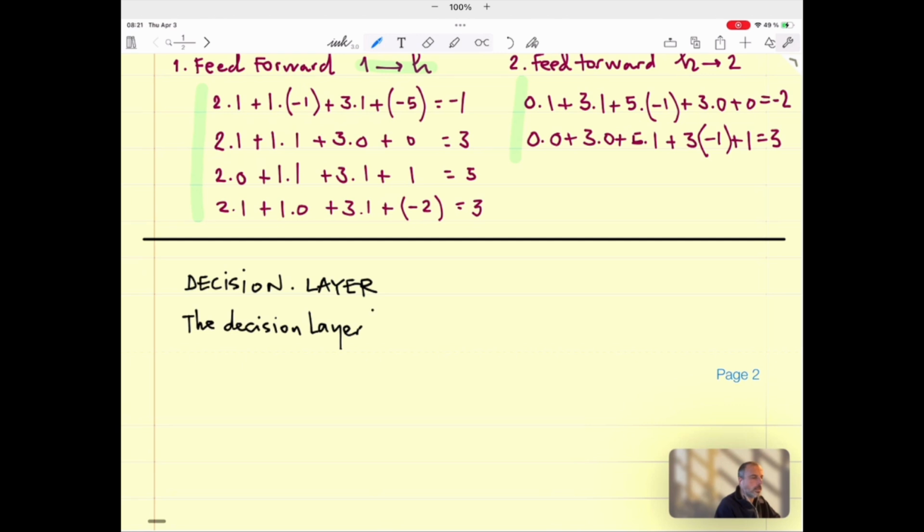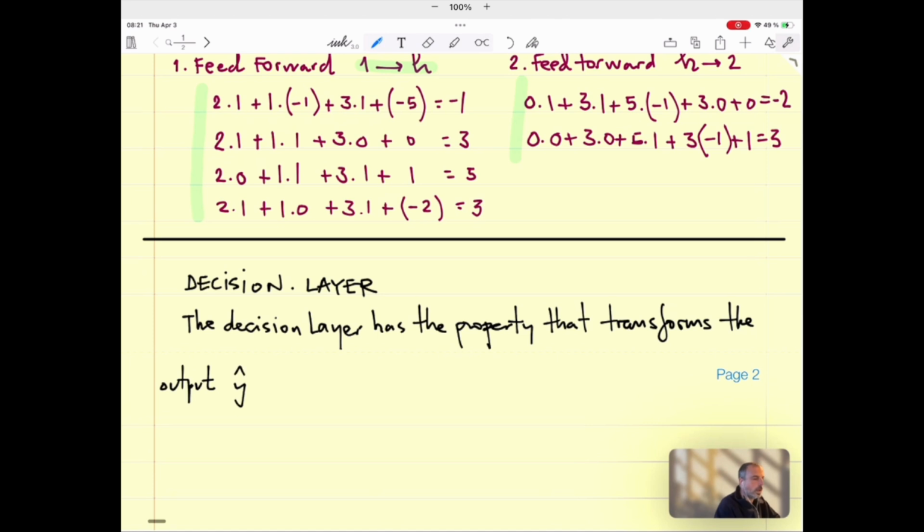Okay. So the decision layer has the property that it transforms the output y with a hat into a set of probabilities. So what we have is a probability distribution function.